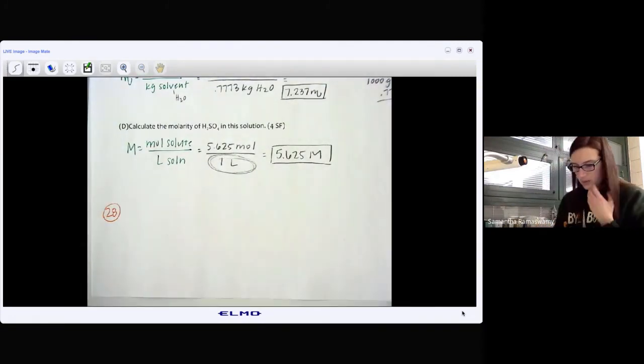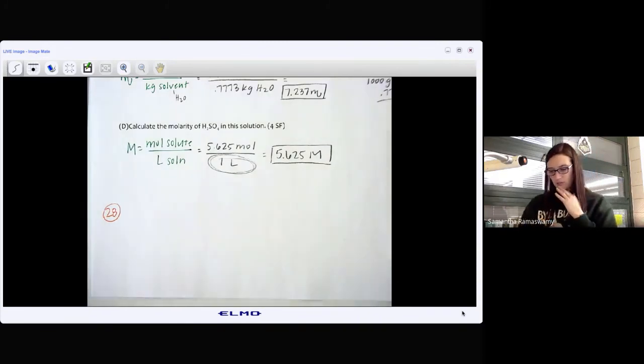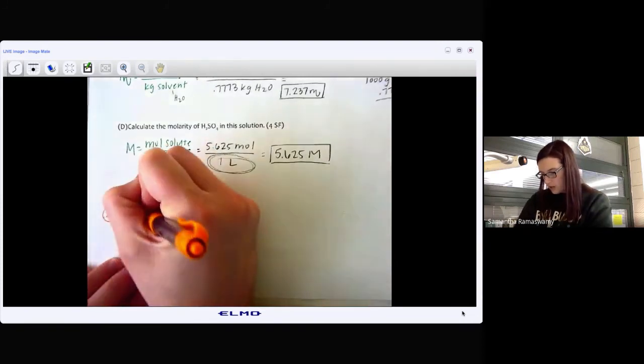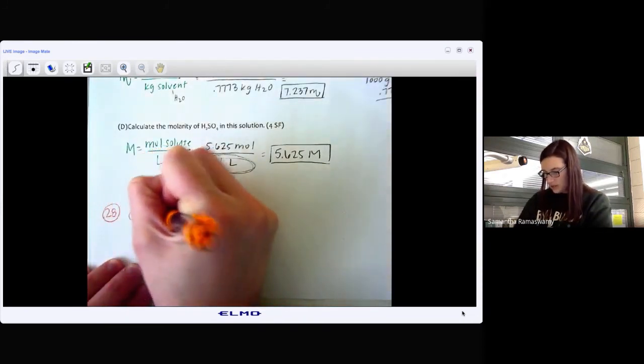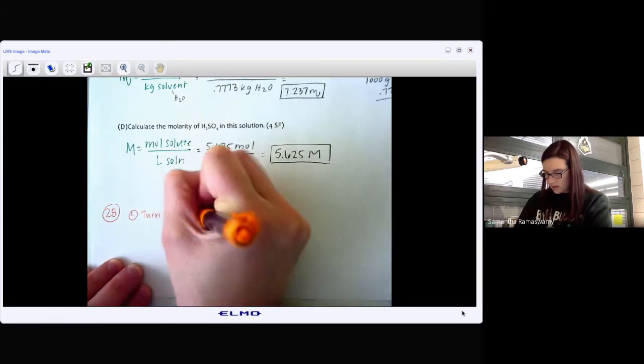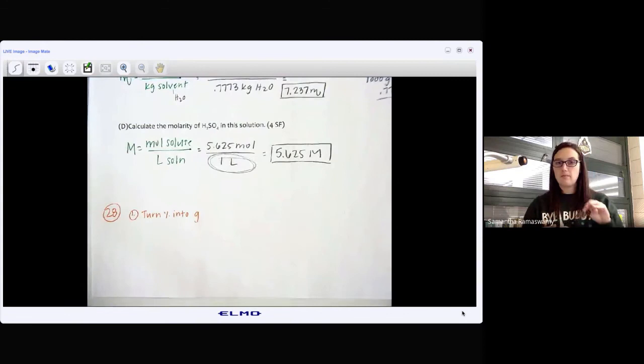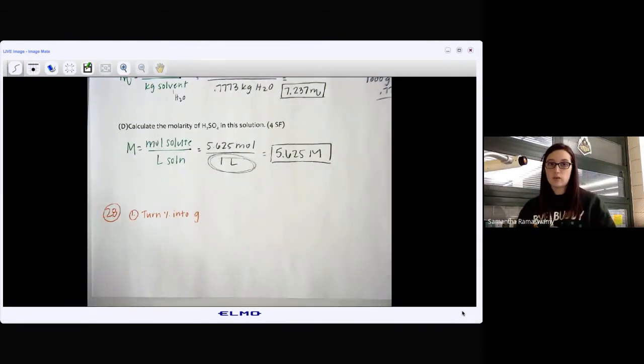And it says that a particular sample has a certain percent of copper and a certain percent of zinc. So the first tip I'm going to give you is just turn percent into grams. So truly, just like with empirical formulas, drop the percent and make it grams. So if it's 80% copper, it's 80 grams of copper and 20 grams of zinc.